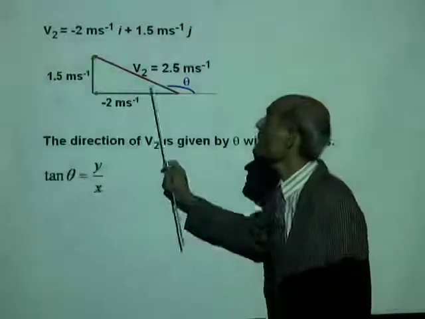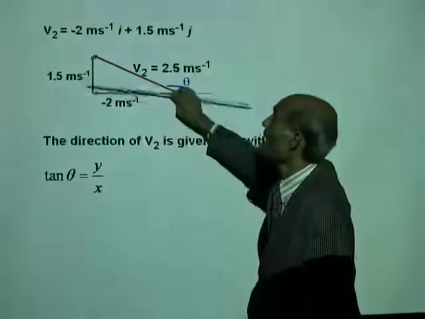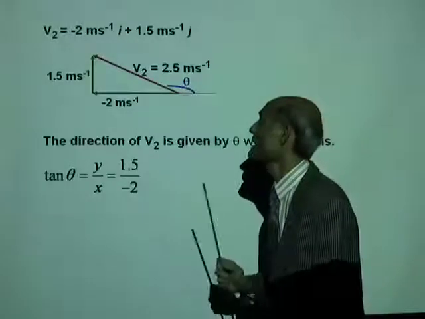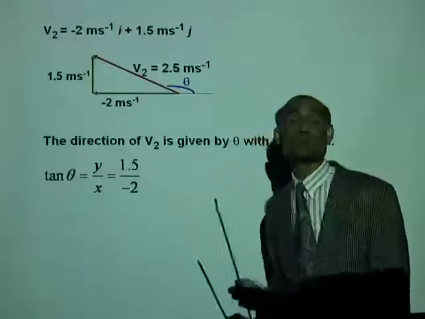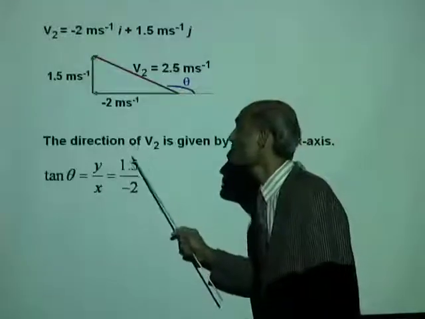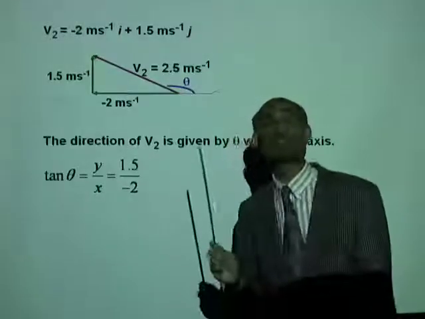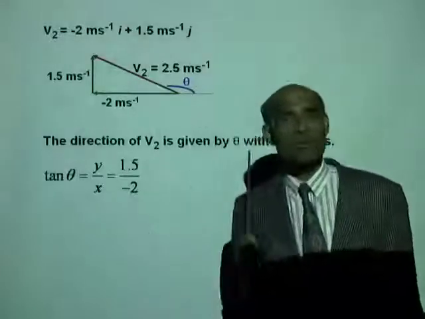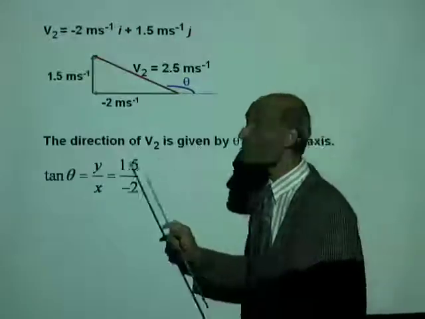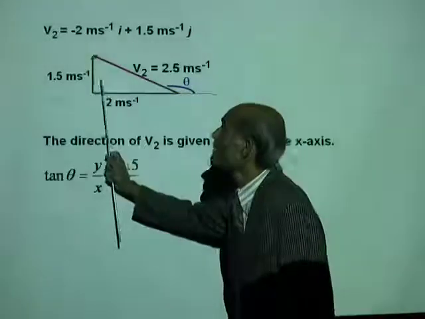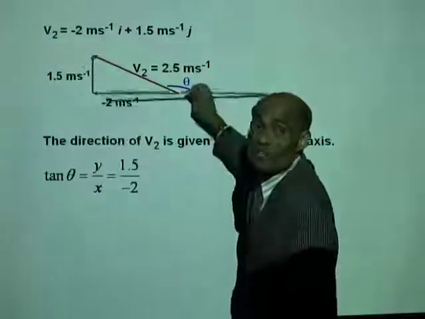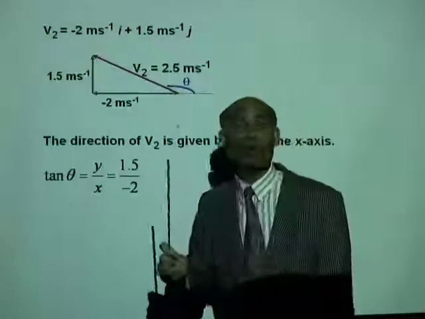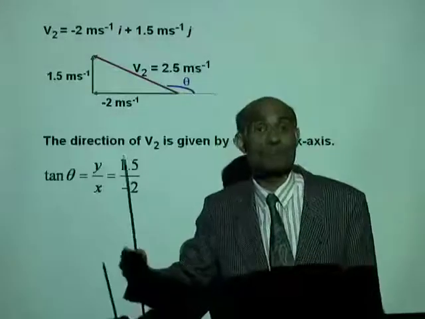So tan theta equals y divided by x. y is 1.5, x is -2. So tan theta is 1.5 divided by -2. You see that negative sign is very important there. This tells me that the y value is positive, the x value is negative, therefore the angle is a second quadrant angle.